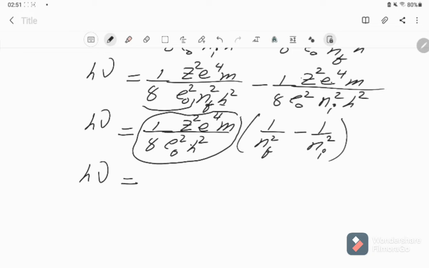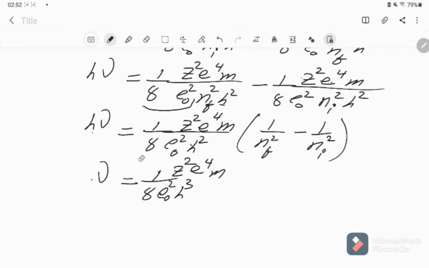This is not R. Now we have to find the frequency, so h you have to take to that side, in the denominator. So with epsilon naught squared and h squared, if you bring this h also, it becomes h cubed. So mu equals 1 by 8, Z squared e to the power 4 m over epsilon naught squared h cubed, times 1 by n_F squared minus 1 by n_i squared.